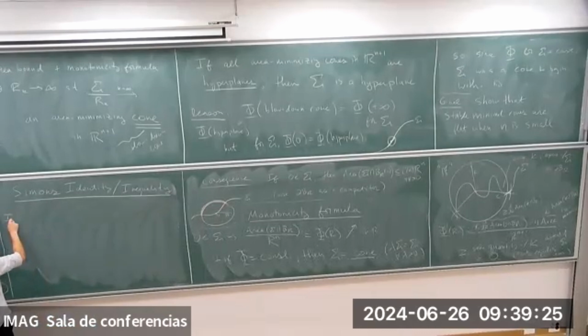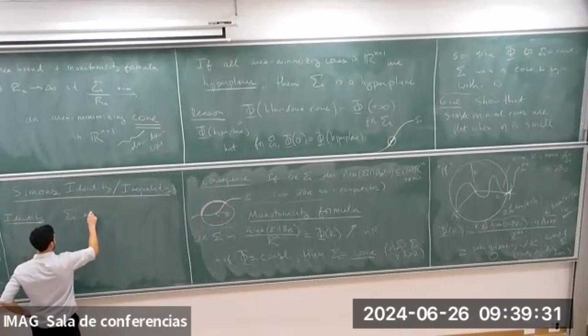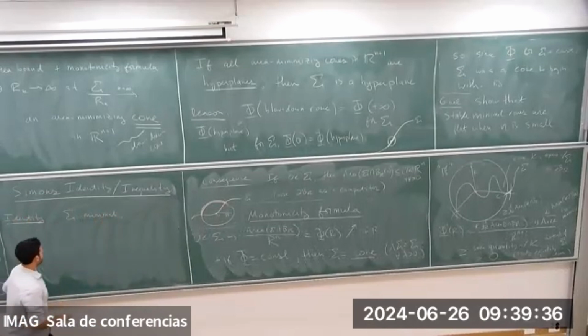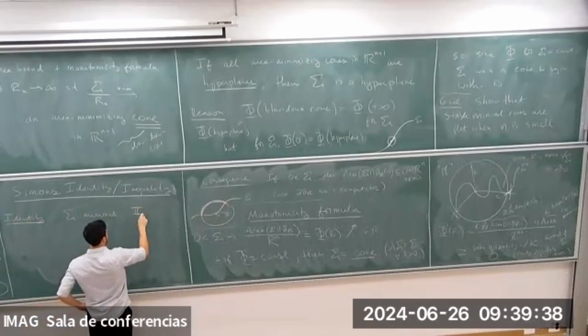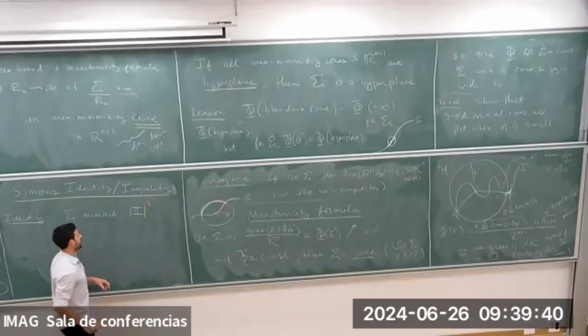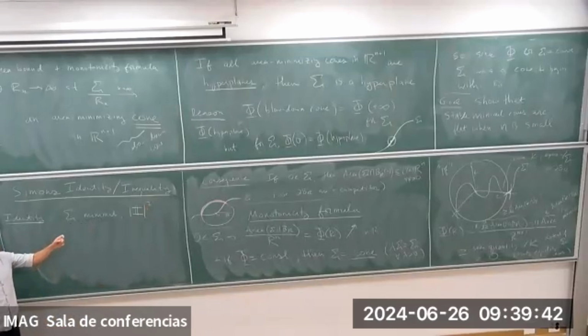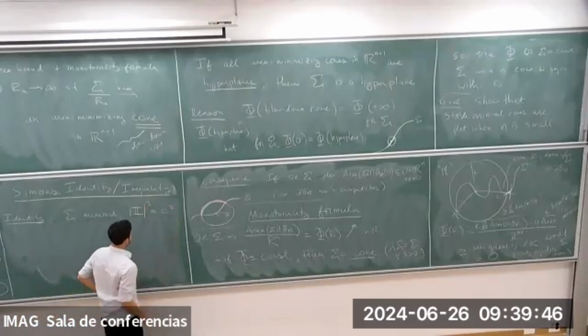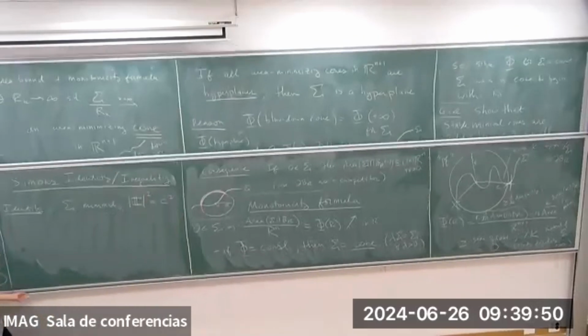The identity is the following. Assume that sigma is minimal. And we'll let the second fundamental form of sigma squared, so the sum of principal curvature squared, I'll call it c squared, just to agree with notation from where I learned this theory, the book of Enrico Giusti.